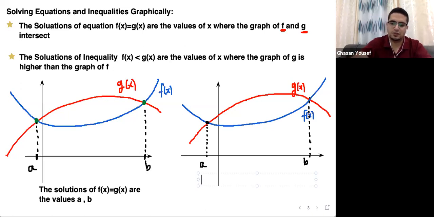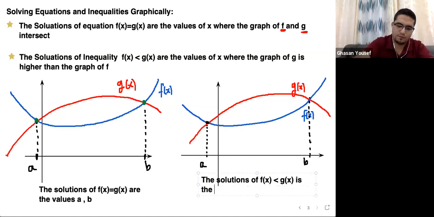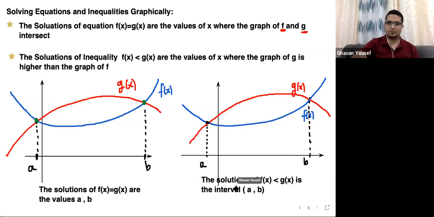So the set of the solution of f of x less than g of x is the interval open parentheses a comma b, a and b not included, because we don't have the equal. Any question for this?